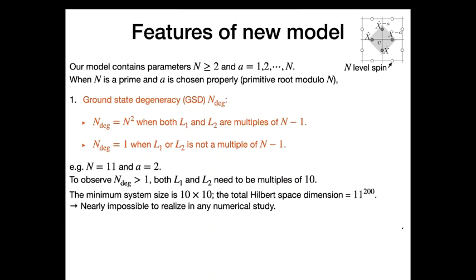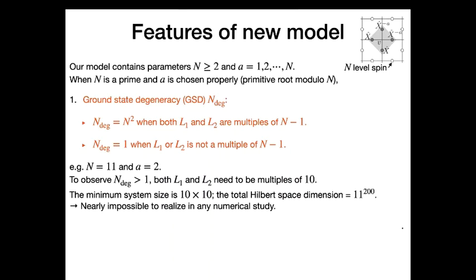For example, when n is 11, then according to this rule, ground state degeneracy occurs only when L1 and L2 are multiples of 10. So if L1 and L2 are both multiples of 10, you will see ground state degeneracy, but otherwise you don't see the degeneracy.